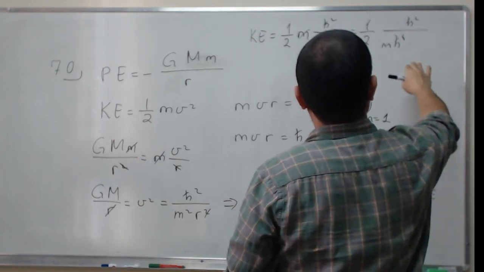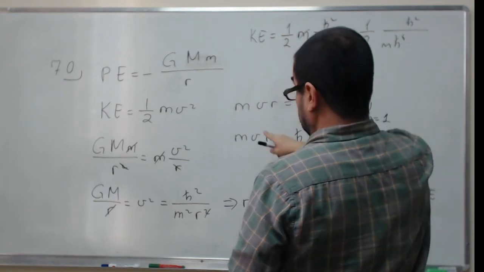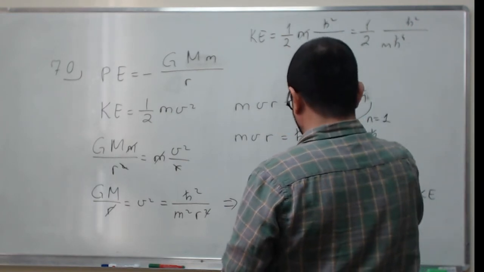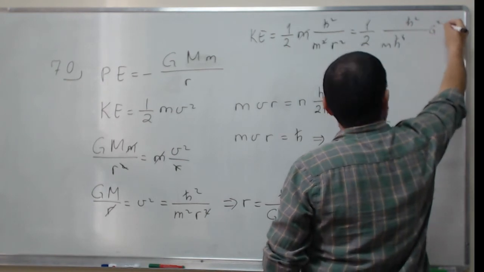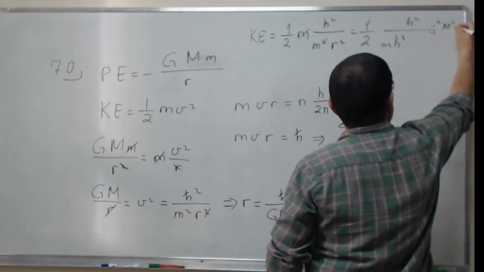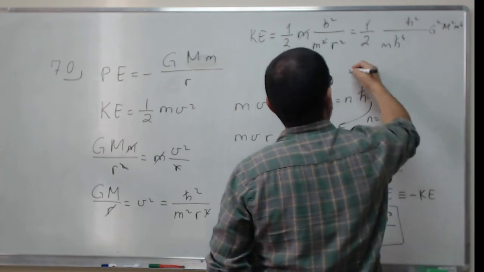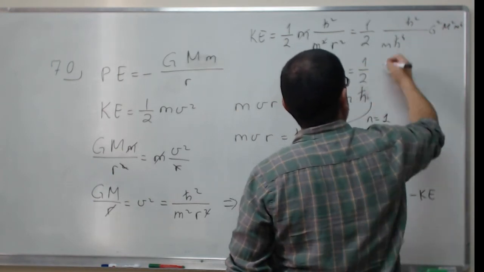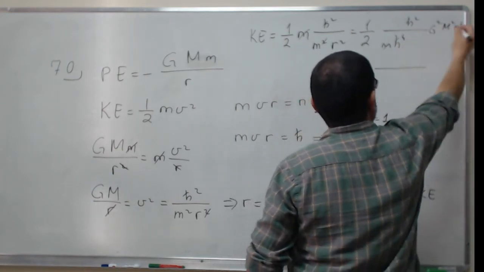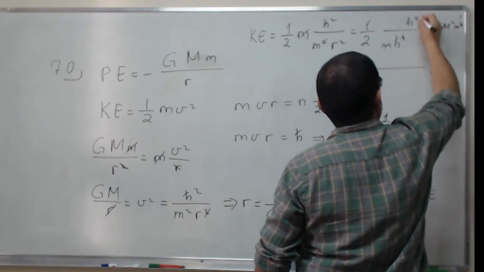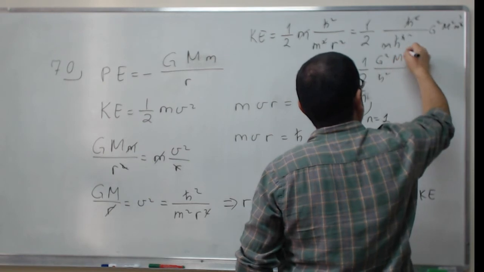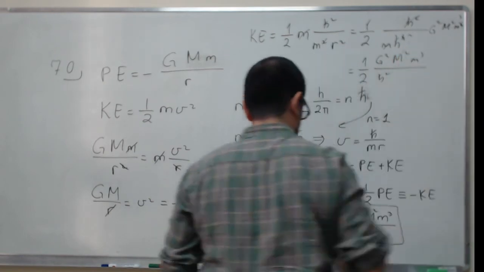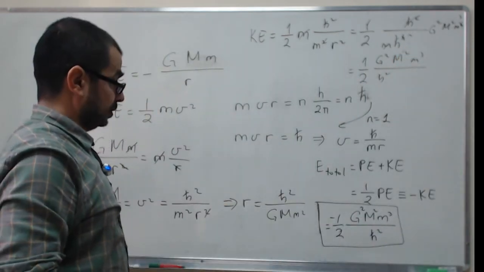I got lost. So r is what? h bar to the 4 over G square M square m to the 4, and if you simplify we get a half. So this becomes cube, this becomes square, h bar square G square m cube, and it is the same expression.